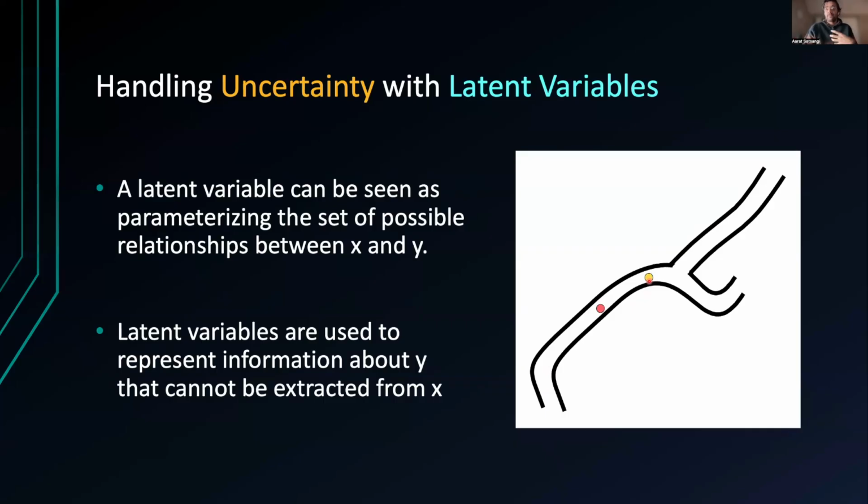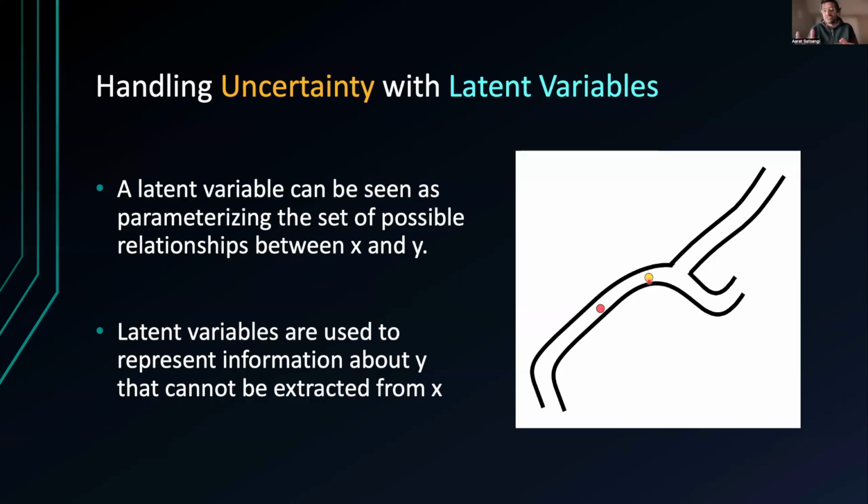In the future, you won't be able to know where the yellow car will go. Will it take a left turn or a right turn? But if you use a latent variable, you can represent these options inside of that latent variable.